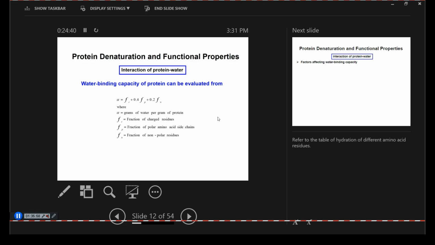So this tells you that the grams of water per gram of protein is impacted the most by charged residues. So if you have more charged residues, you'll have much more water that can be bound, and less by polar and less by nonpolar. But they do have an impact. So again, remember, even nonpolar amino acids will bind water as well.